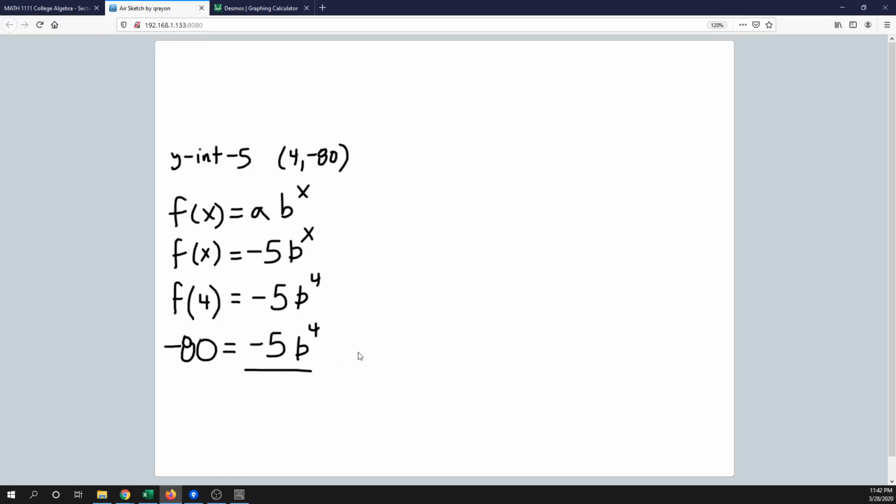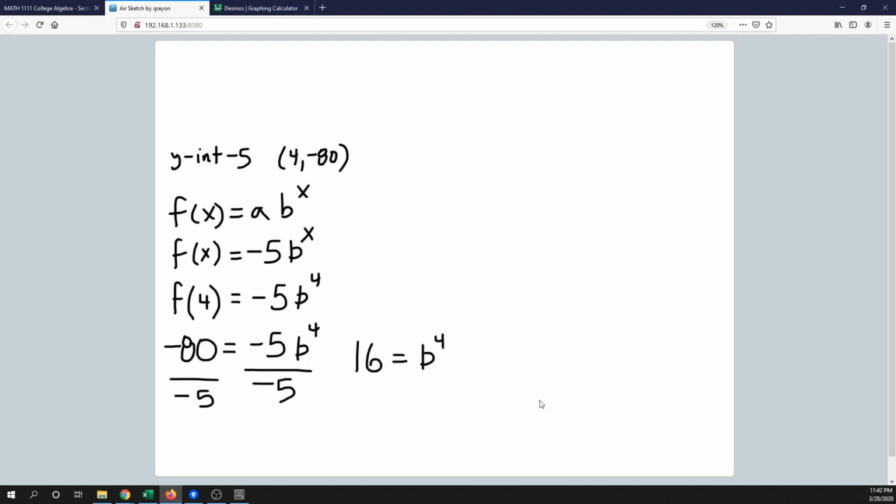And the way that I would do that is to divide both sides by negative 5. So over here on the left-hand side, I have negative 80 divided by negative 5. That's going to be a positive 16. And over on the right-hand side, I'm going to have B to the 4th power, okay?